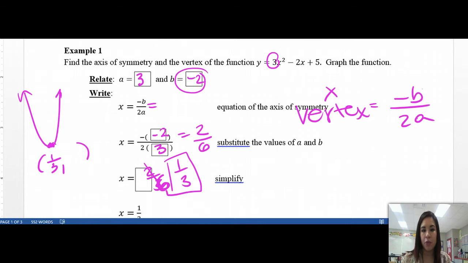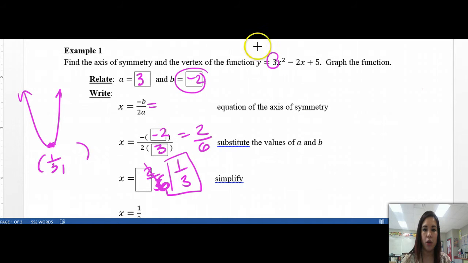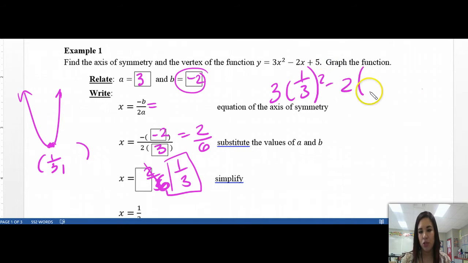How do I find the y value of anything? Just plug it back in, guys. We go back into our equation, which is 3x squared minus 2x plus 5 equals y, and instead of x, I'm going to plug in 1/3. So I'm going to do 3 times 1/3 squared minus 2 times 1/3 plus 5. Go ahead and get your calculators, guys, and put that in.